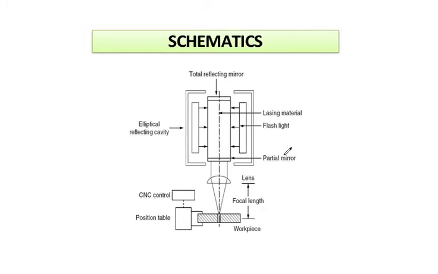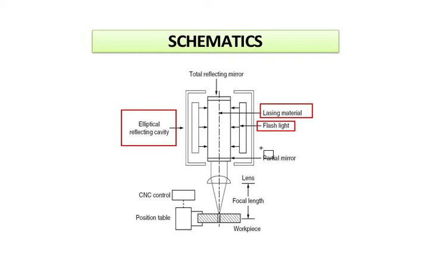So this is a very simple schematic diagram for laser beam machining. You can see this is an elliptical reflectivity cavity where you get the lasing material. Here you can see the flashlight.